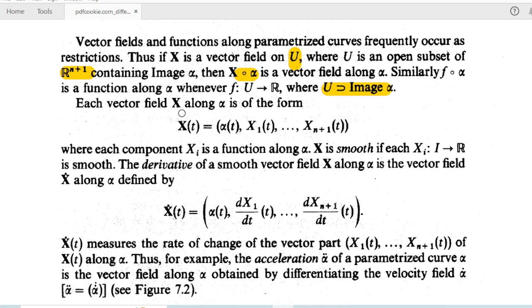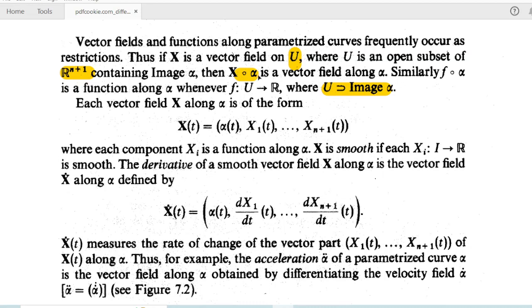Similarly, every vector field x bar along alpha is of the form, as we know, x composition alpha, and it is of the form x of t equal to alpha of t comma x1 of t, x2 of t, up to xn+1 of t.